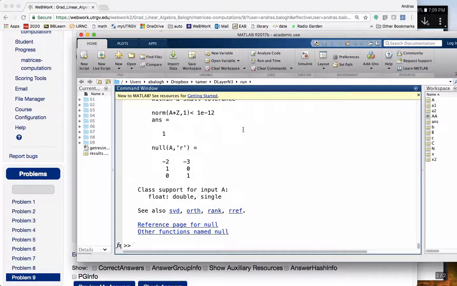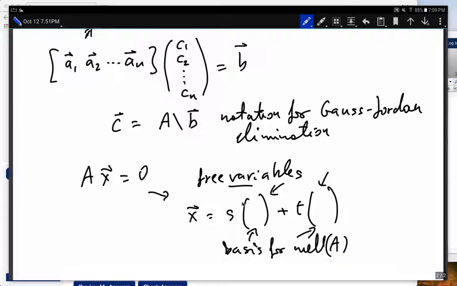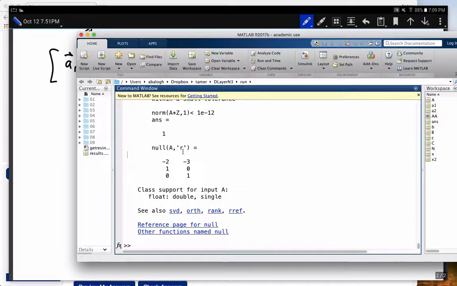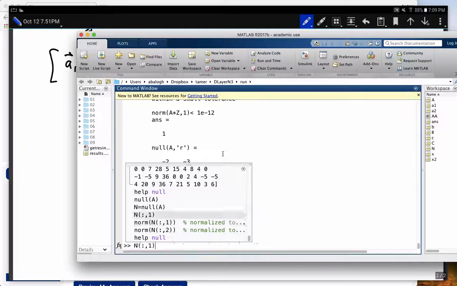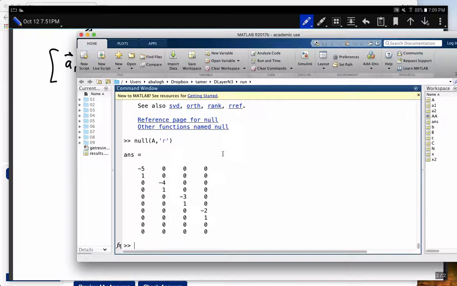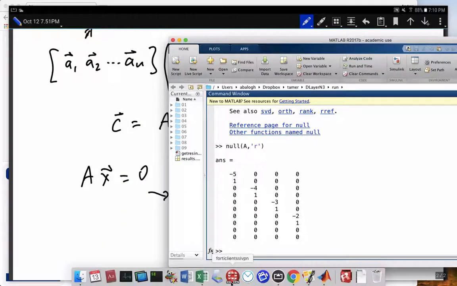And I mentioned to you before, for the reduced row echelon form and the free variables, if you factor out numbers and get rid of the denominators, then you can get a nice basis for the null space that has integer entries. And that's exactly what this rational null space command gives us. Right? So let me say null A, comma, and in between single quotes R, option R. So that gives a very nice basis that's easy to enter in WebWork.